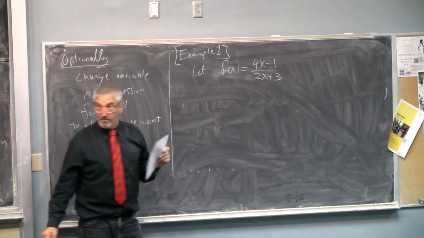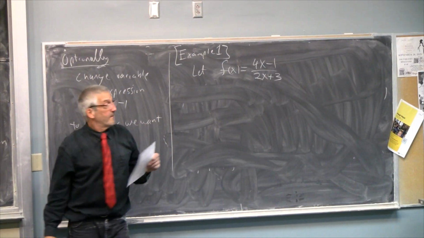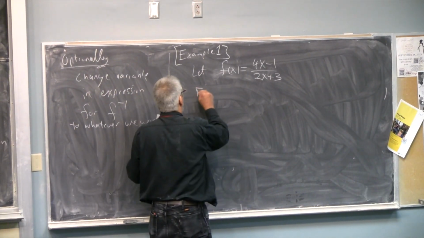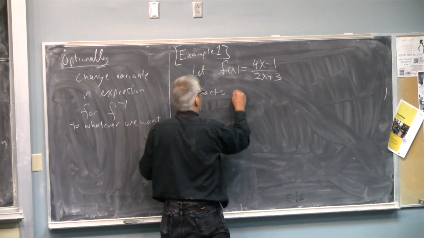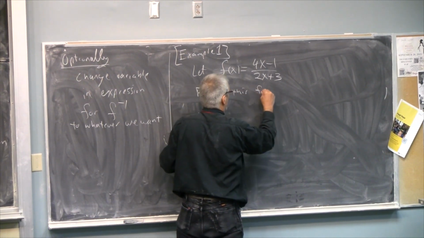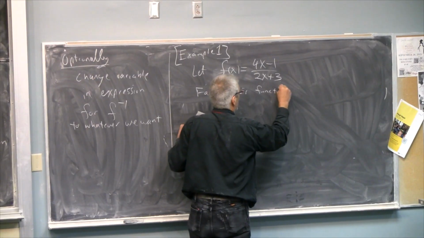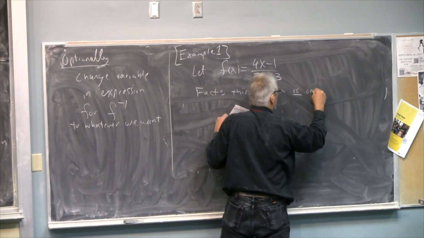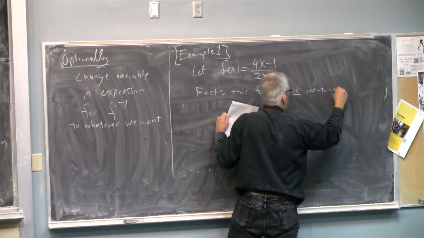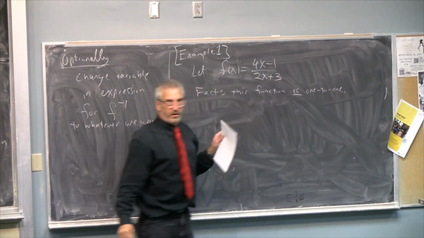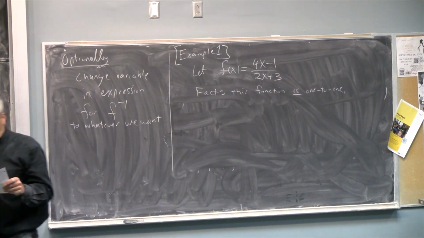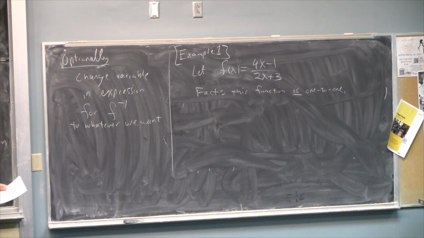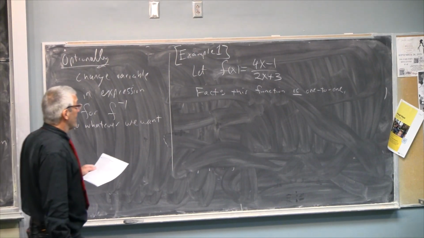So the fact is, this function is one-to-one. You can figure that out a couple of different ways. The simplest way might be to just graph this on Desmos, and you see that it passes the horizontal line test.